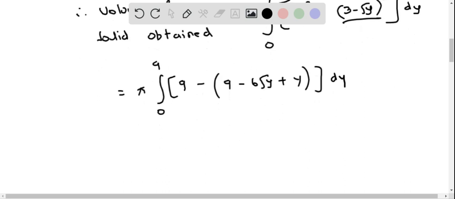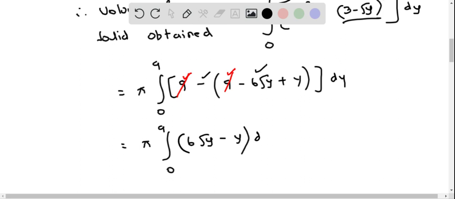Now we see that this one is positive 9, this one is negative 9, so these two become 0. And let's expand the bracket. So we have pi times the definite integral from 0 to 9. We have to change the sign, since we have a negative in front, so this will be 6 root y minus y, then dy.